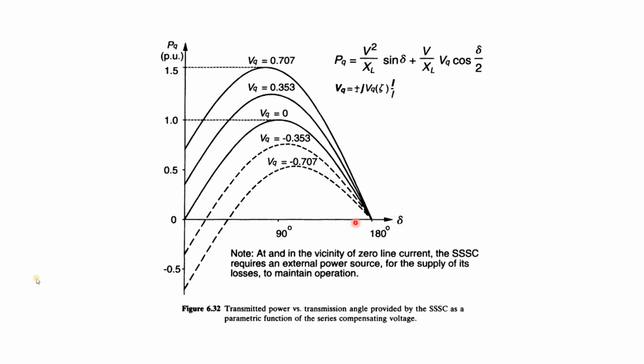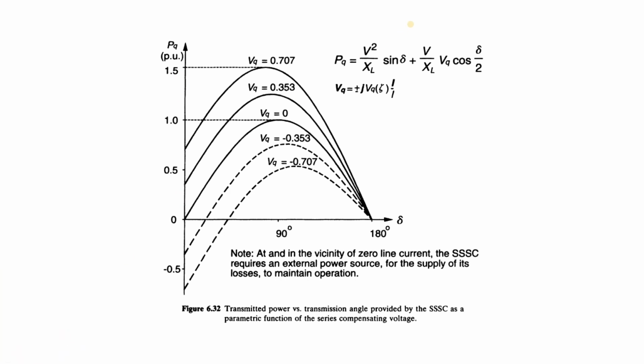On the x-axis we have the delta angle, ranging from 0 to 180, and on the y-axis it is power per unit, starting from 0, and we have taken a maximum of 1.5 per unit value.